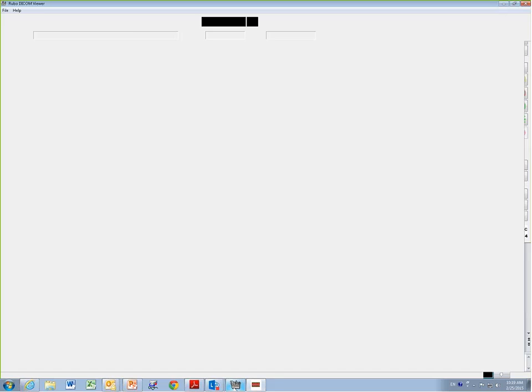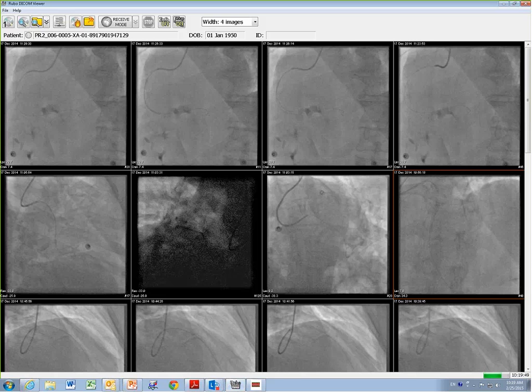And in terms of this case, because you have enough time, because you finished the LAD, now you are looking at the circumflex by IVUS, and then the right coronary artery by IVUS. If you recognize that hematoma before moving to the circumflex, you just have to inject one more time after the IVUS pullback of the circumflex, just to confirm they look similar angiographically, in terms of the flow.